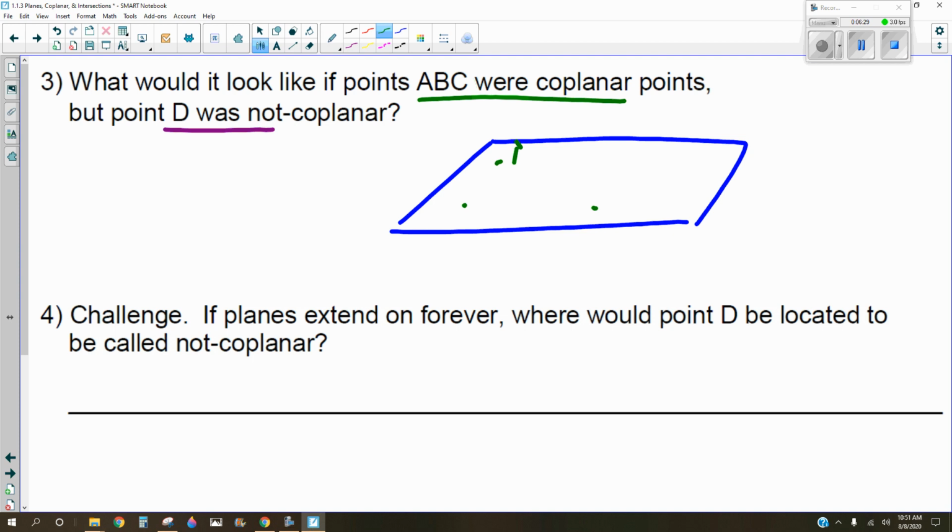So I'm going to go ahead and let them live right here, happy little points, put them on there. A, B, and C share that plane, they're coplanar. D is not coplanar, so D needs to live off the blue surface. So maybe D lives down here below the blue surface, right? Like, maybe the blue is the tabletop and D is below the table, like at the floor, okay? It's below the blue surface. That is not coplanar, it is off the plane.